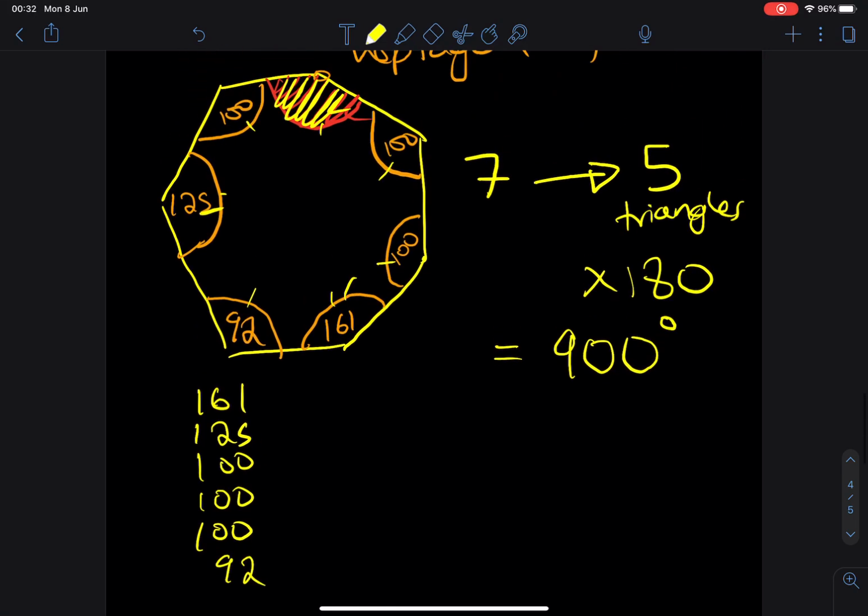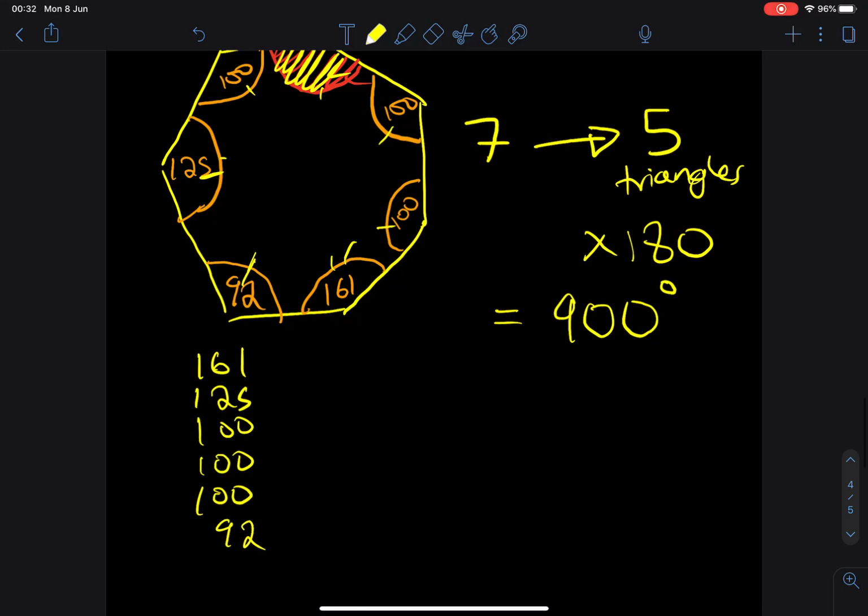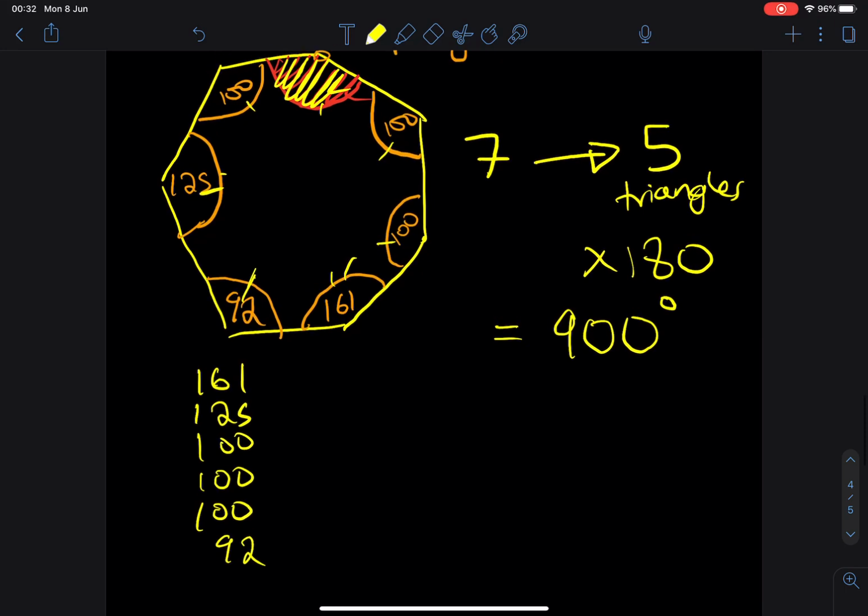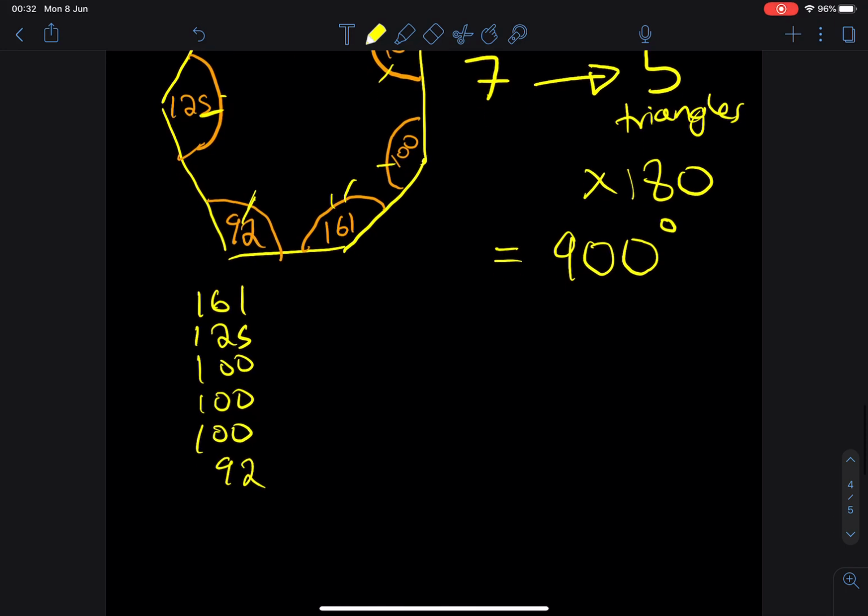And which one have I missed out here? 161, 100, 3, 125, 161 and 92. Yep, I've got 6 angles. So let me just add them up. 5 plus 2 is 7. 8 plus 9 is 17. Carry the 1. 1, 2, 3, 4, 5, 677.